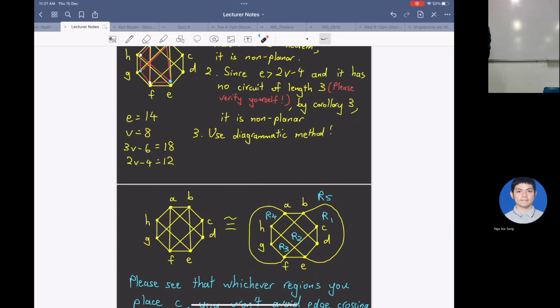So you can take C and try to place it here, then see if you can avoid edge crossing or not. Or you can place it in 3, or in 4, and see if you can avoid the edge crossing. And place it in 5. Then you can see that no matter where you put it, these are all the possibilities where C can appear.